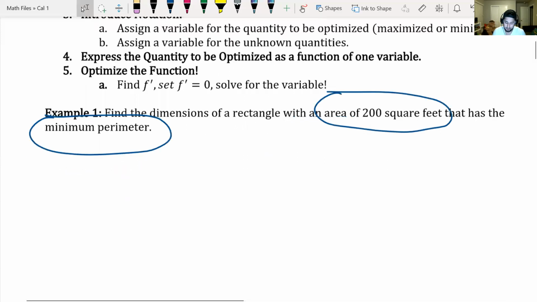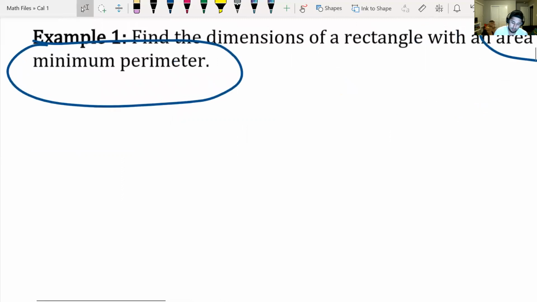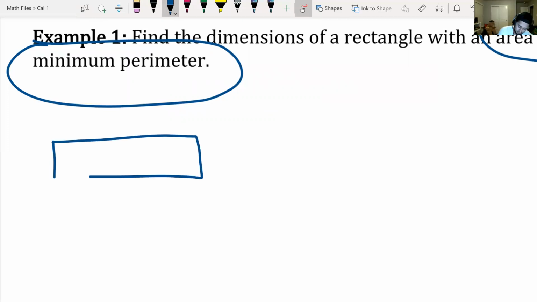So I will draw a small diagram really fast. I will draw my rectangle. Okay, yes, that's my rectangle, where I'll put the width as x and the length as y.